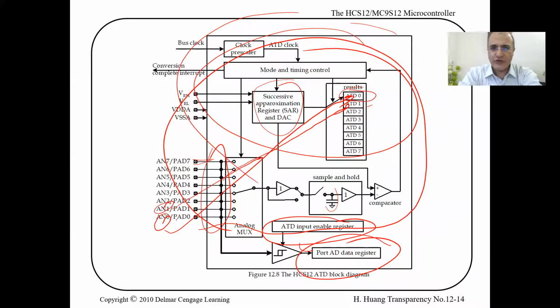Every time you go back from 0. This is in the non-FIFO mode. In the FIFO mode, you can choose to start storing at 4. So AN0 will store at 4, 1 will store at 5, 2 will store at 6, 3 will store at 7, 4 will go back to 0, so it will do wrapping.